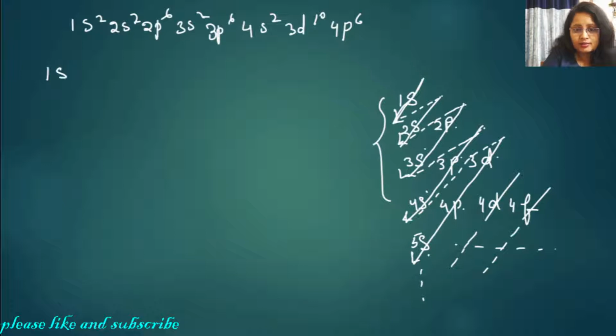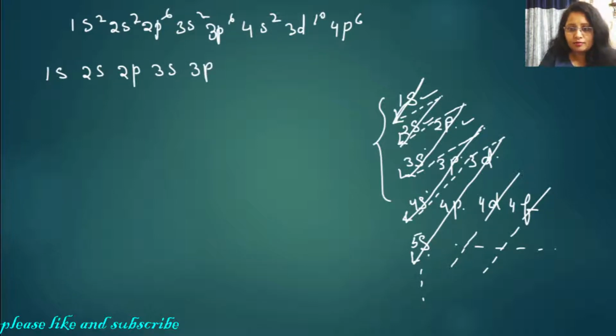1s, then what will come? 2s, then 2p, according to this: 1s, then 2s, then 2p, after that 3s. Then what will come? 3p. After 3p, 4s.